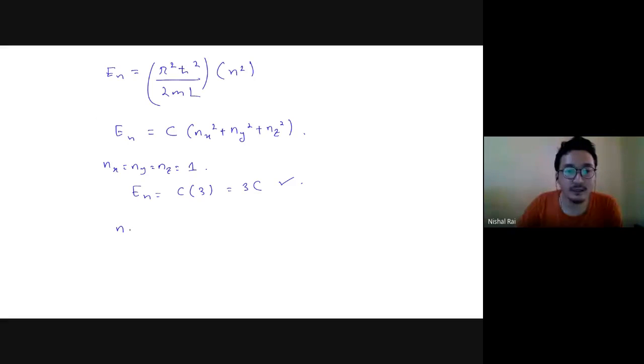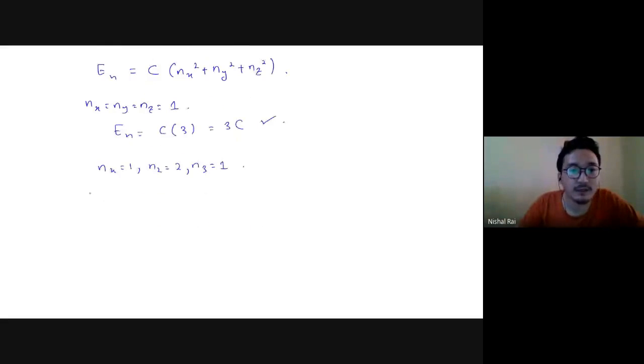When nx equals 1, ny equals 2, nz equals 1. Clear? Now the total energy over here is how much? 1 plus 4 plus 1, that is 6c.